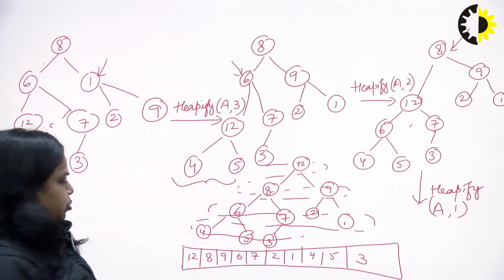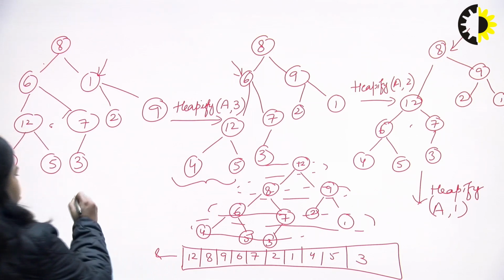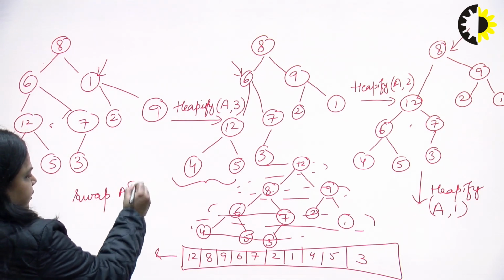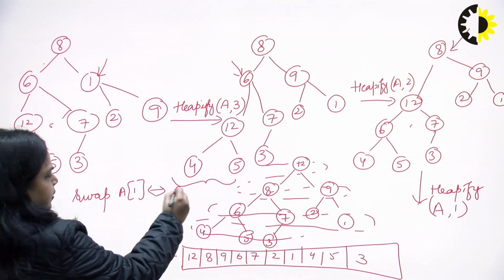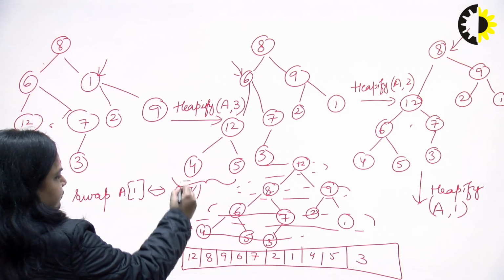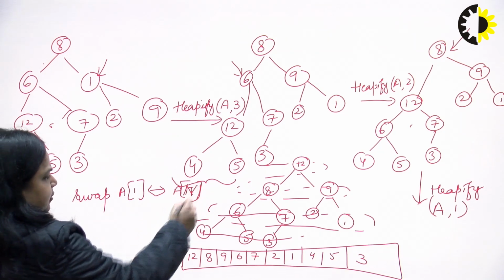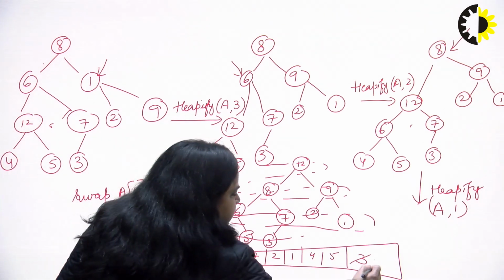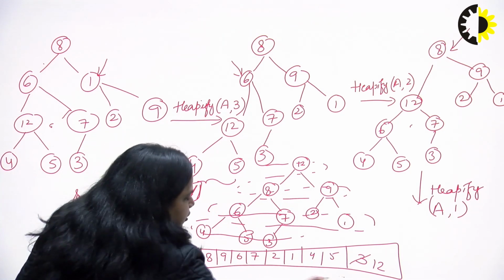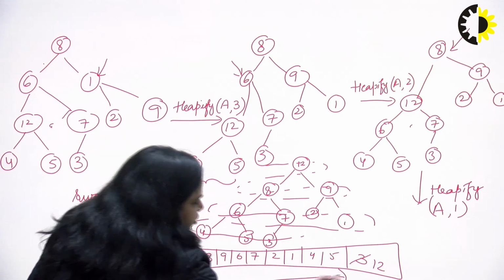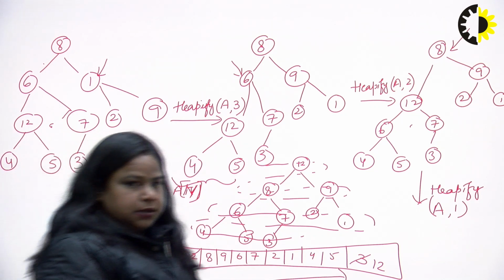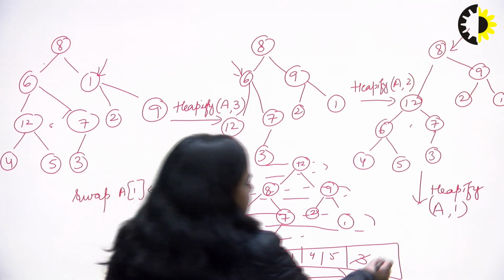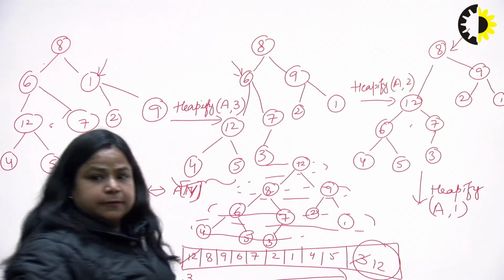Now what we need to do is, we have to swap A1 with AN. When we swap A1 with AN, then we can find 3 comes here and 12 becomes here. Now you can see all the elements before the nth position are smaller than the nth element, right?